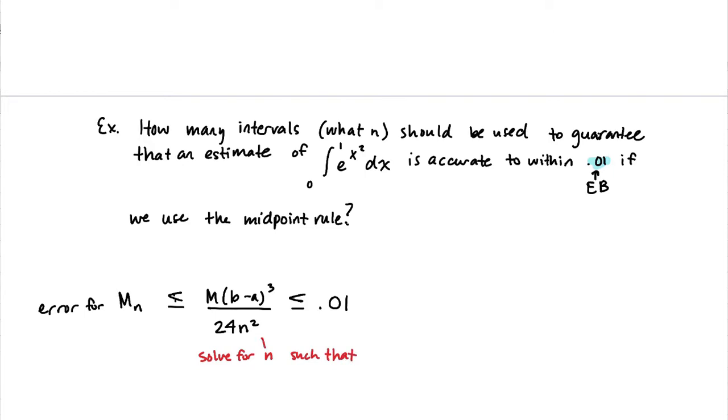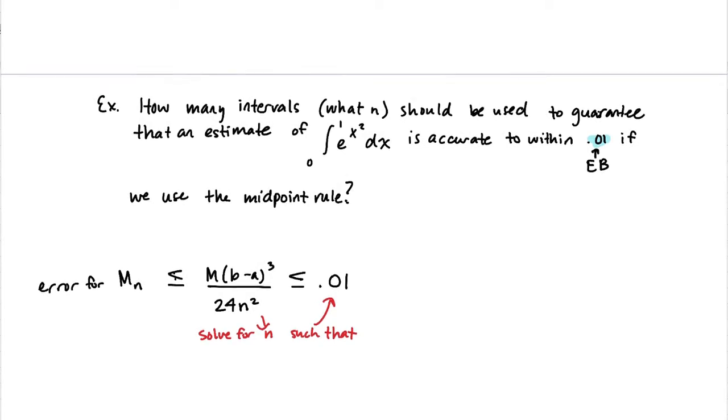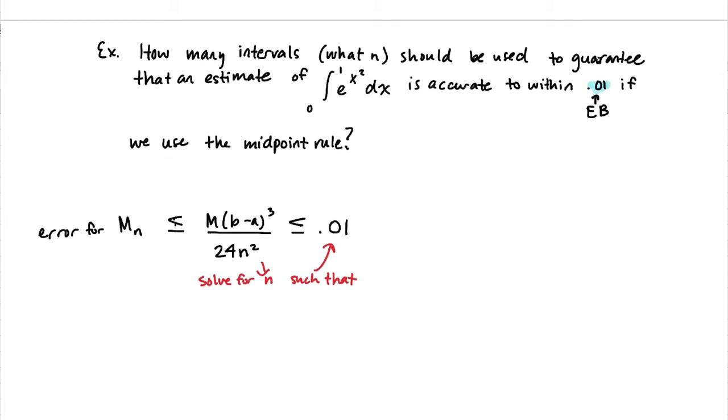We want to solve for n such that we are less than 0.01. Our M, we don't get to solve for, that's set by the problem. Our b minus a, we don't get to solve for. So let's fill in what we know. We know that b minus a in this case is 1. Now we're going to find M, which is equal to the max of the absolute value of the second derivative.